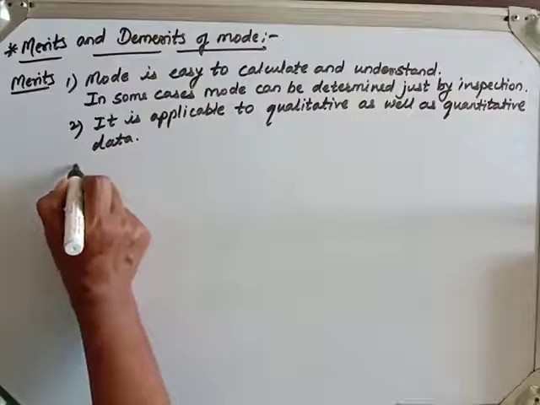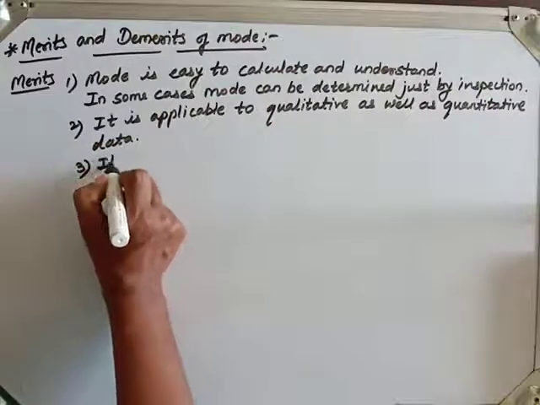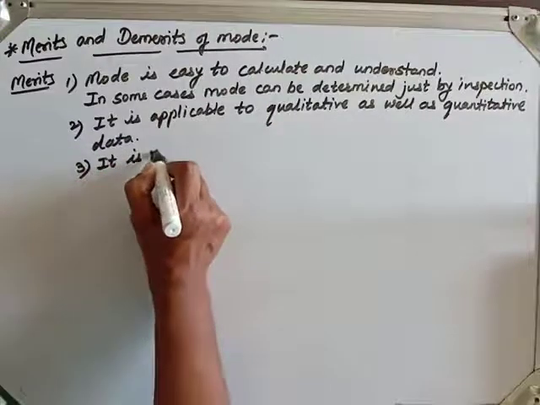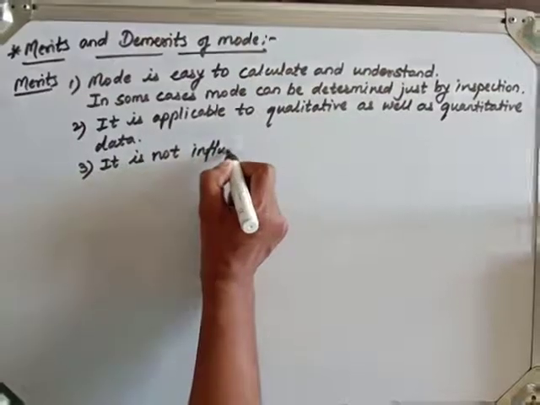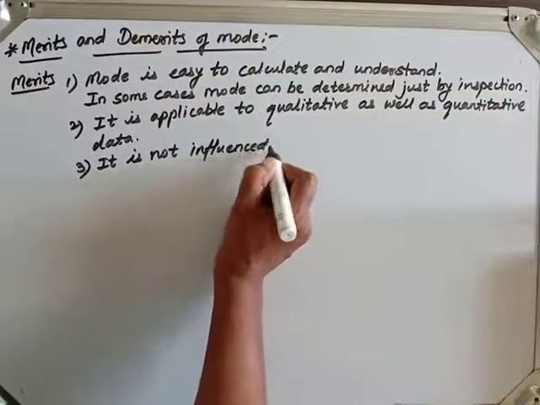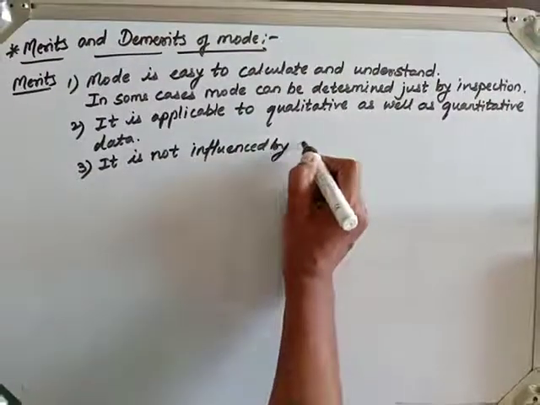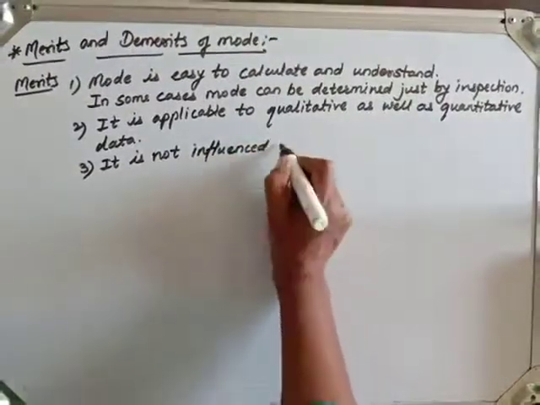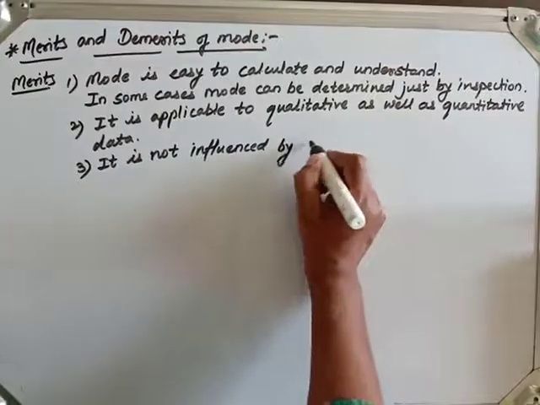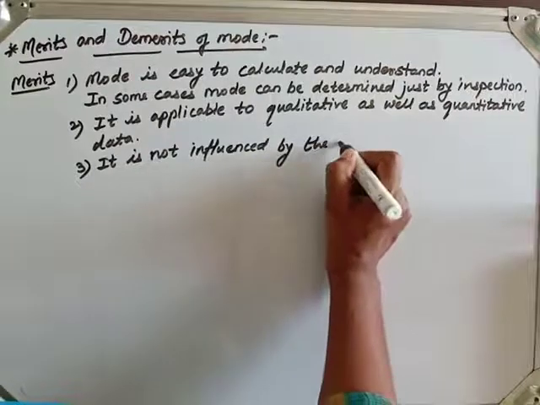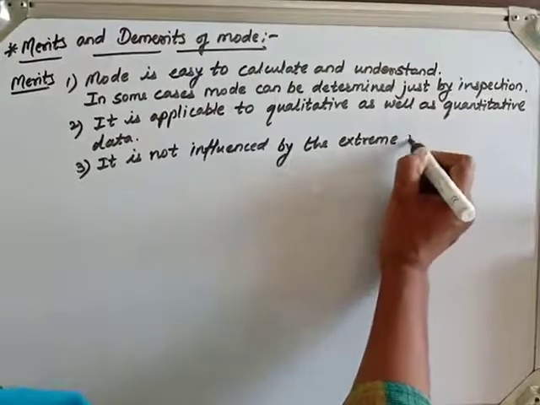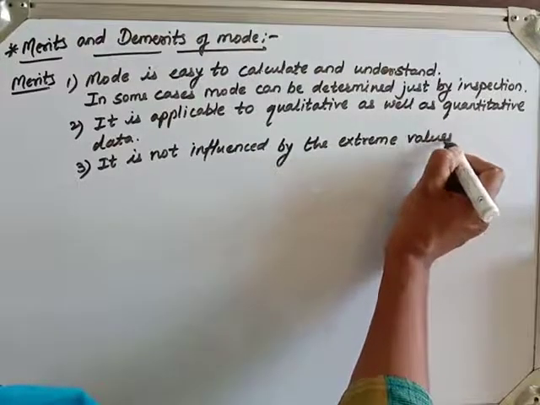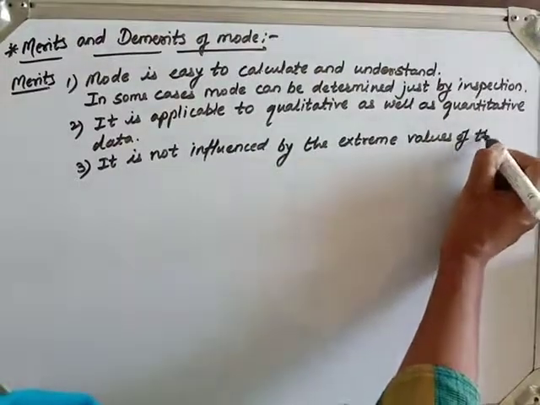The third merit is that it is not influenced by the extreme values. Means the extreme value doesn't affect it, or it is not affected by the extreme values of the data.